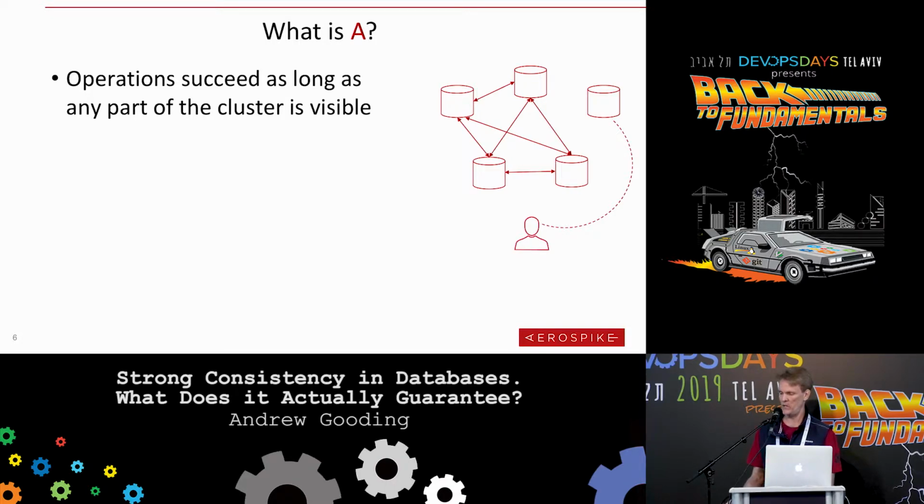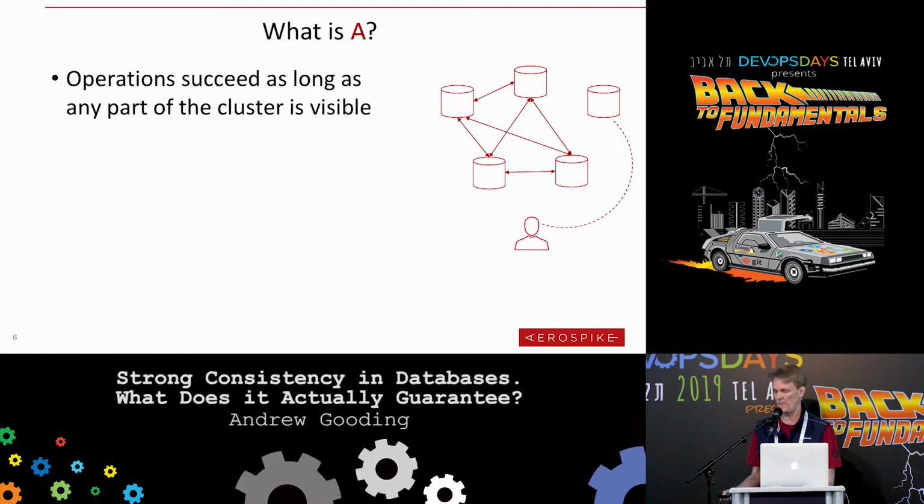Even if I can only see one node from a given client, my operation is going to succeed on that node. So it really is saying that whatever I can see, I'm always going to go ahead and just do the operation, even if I can't see the whole cluster, even if I can only see one teeny piece of it.